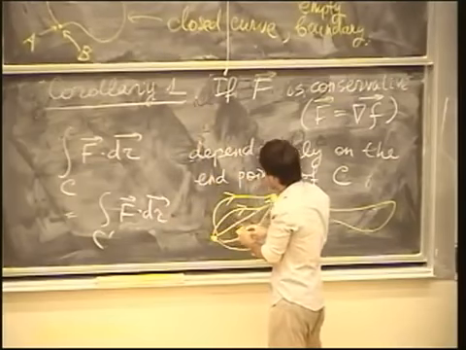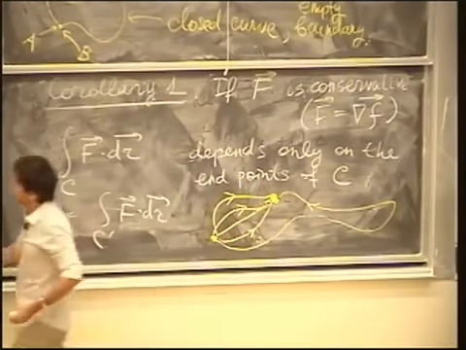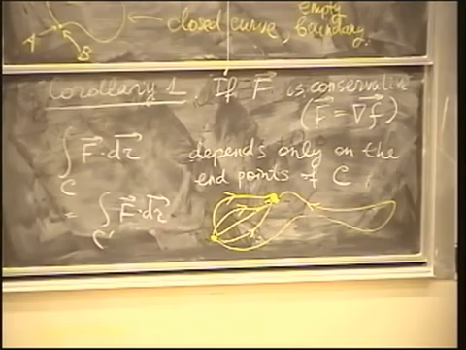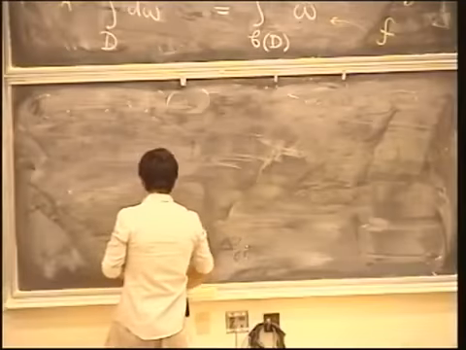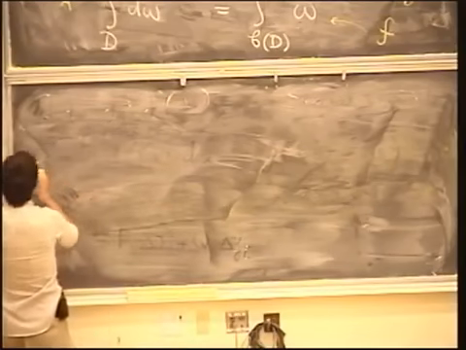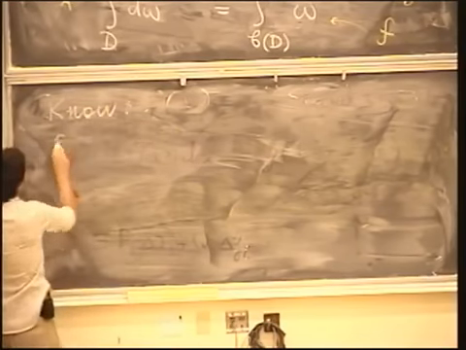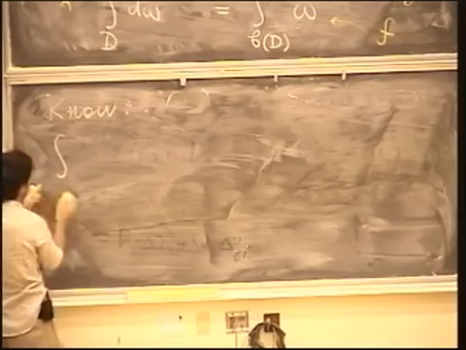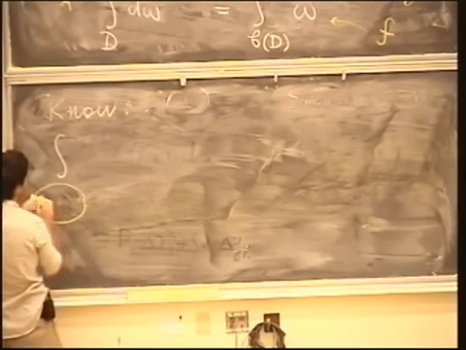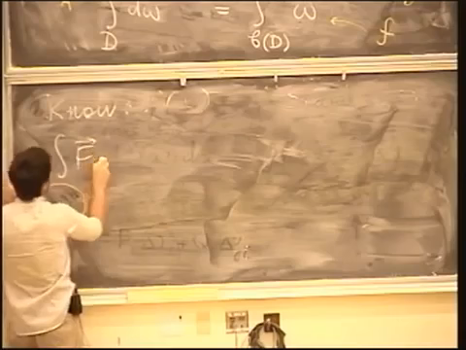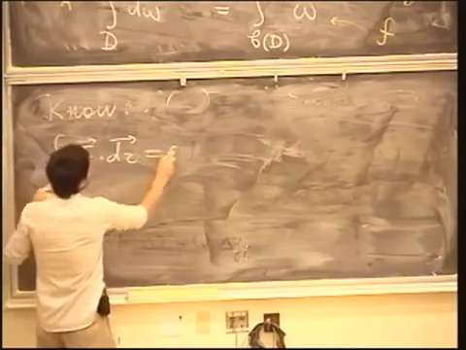Why? Because let me draw it on a separate board. So suppose I already know that the integral over any closed curve of f dr is 0.